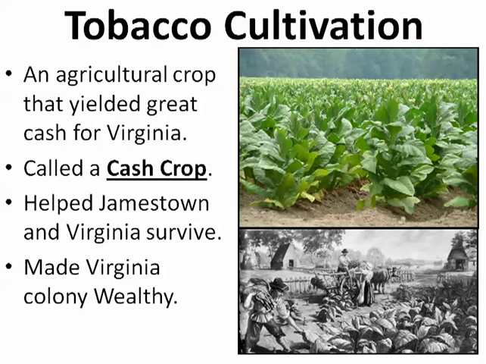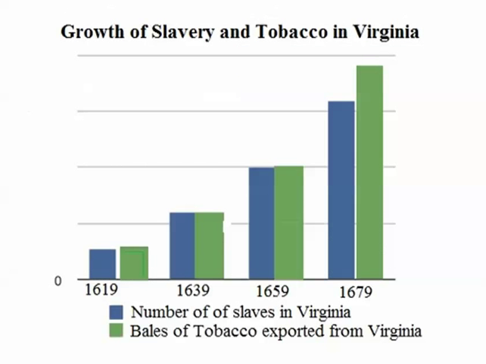So we see, and this is a fake chart here, it's not a real one, just one I threw together, but you could probably look up a chart like this. I couldn't find one. Anyway, the growth of slavery and tobacco in Virginia is going to be synonymous with one another.